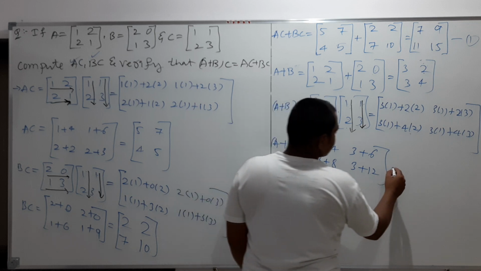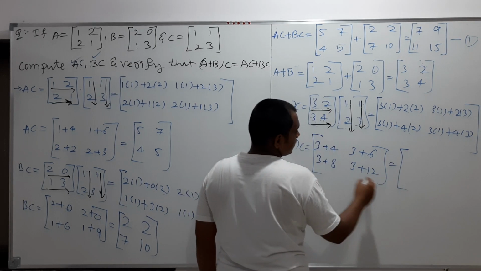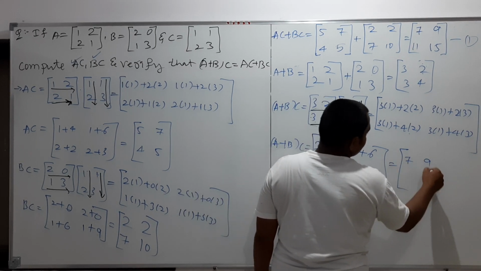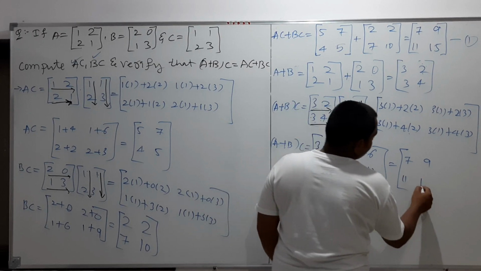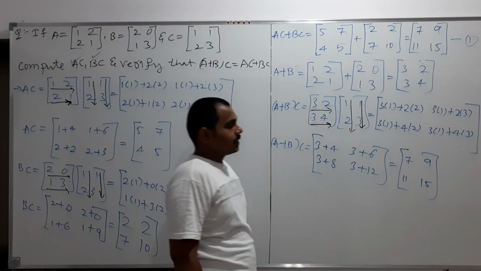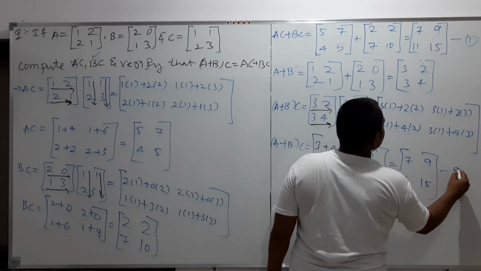And this is equal to, if you simplify further, 4 plus 3 is 7, 6 plus 3 is 9, 8 plus 3 is 11, 3 plus 12 is 15. Clear? So this I will call 2.